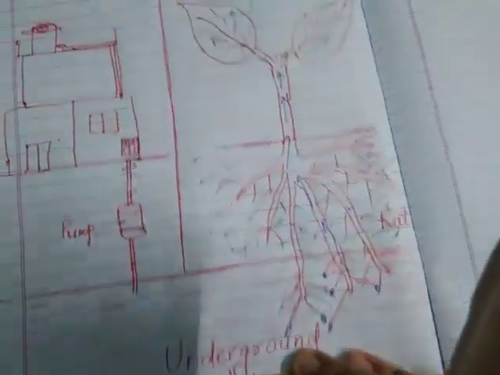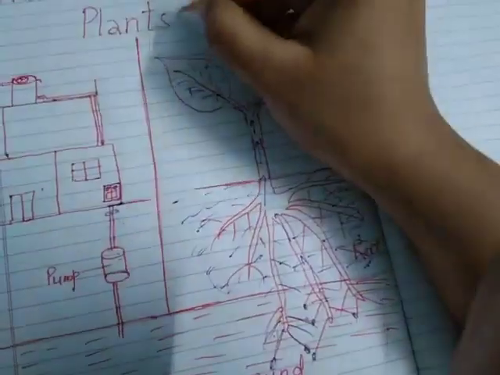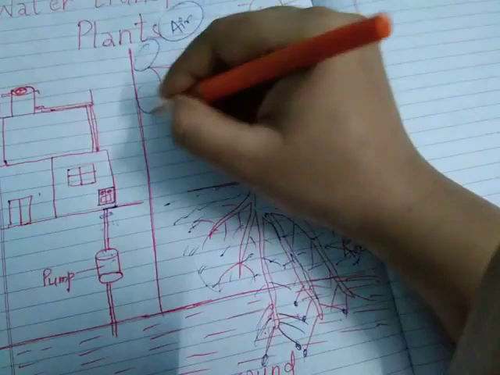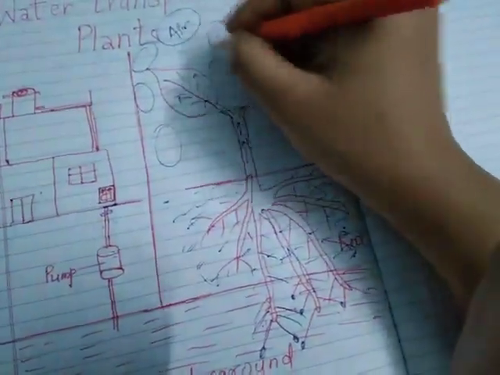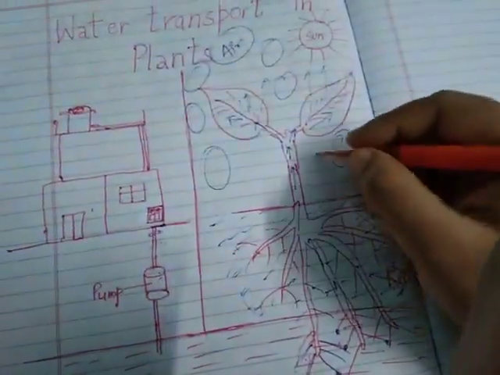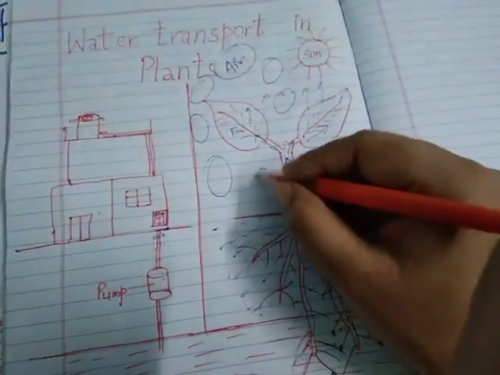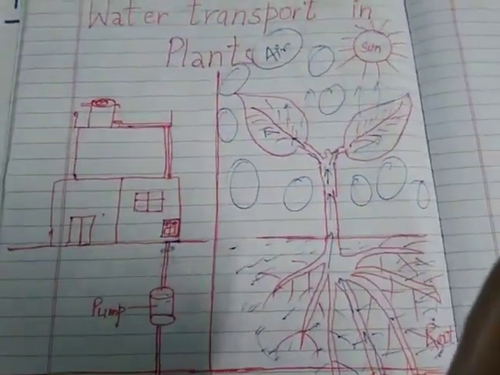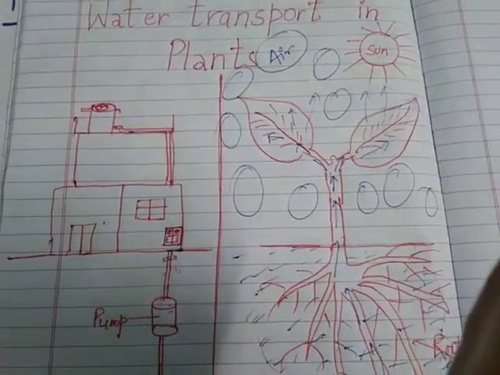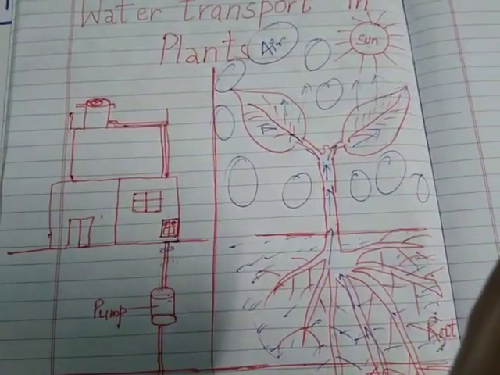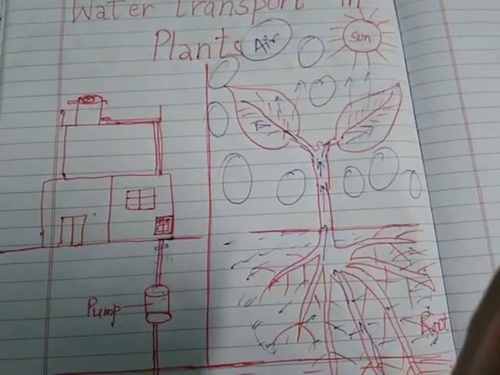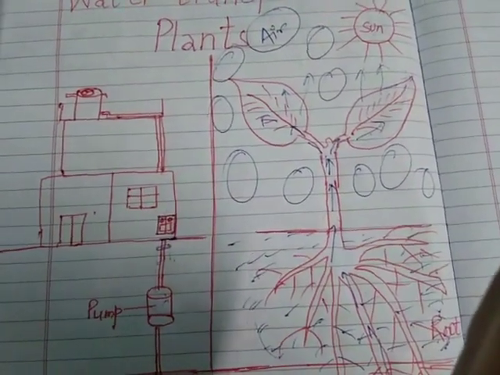First ingredient that the plant needs, suppose this is air. Air is present all around the plant, all around in our environment, and this air is a mixture of various types of gases.